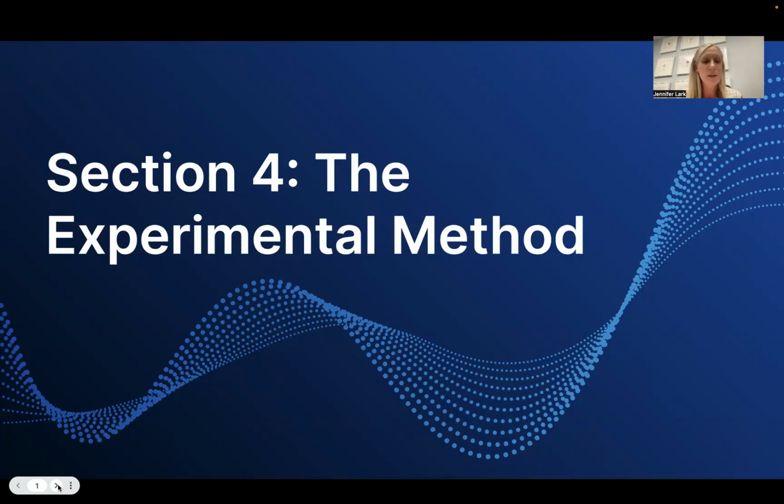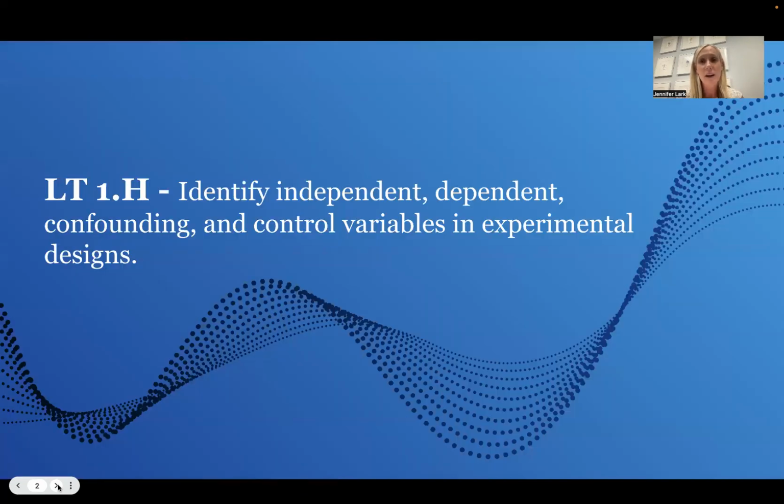So last time, if you remember, we talked about surveys, naturalistic observation, case studies, and correlation. And all of those have really valuable uses, but none of them allow us to claim a cause and effect relationship between variables. And so today we're going to spend some time looking at the true experiment or the experimental method, which does allow us to do so.